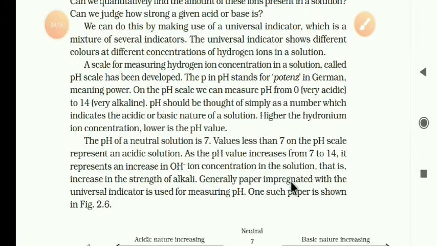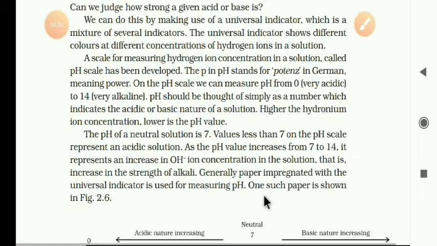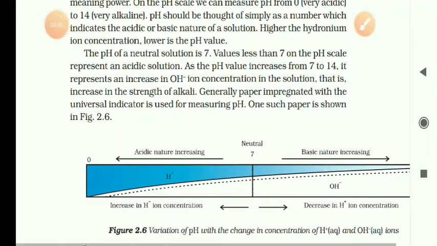Generally, paper impregnated, that is soaked or saturated, with the universal indicator is used for measuring the pH. One such paper is shown here. See the pH variation, the change in concentration. From 0 to 7, and 7 to 14.